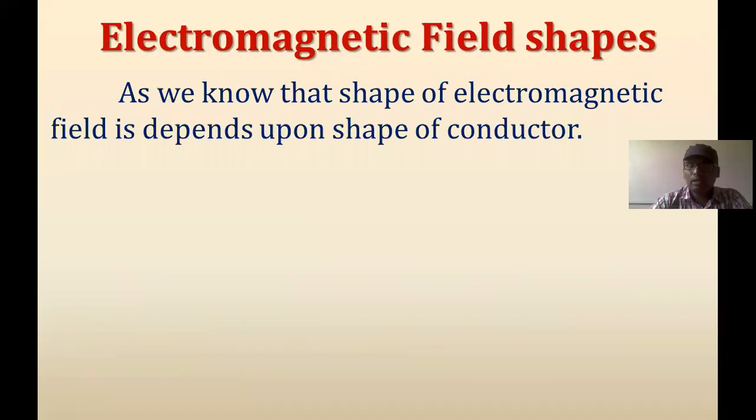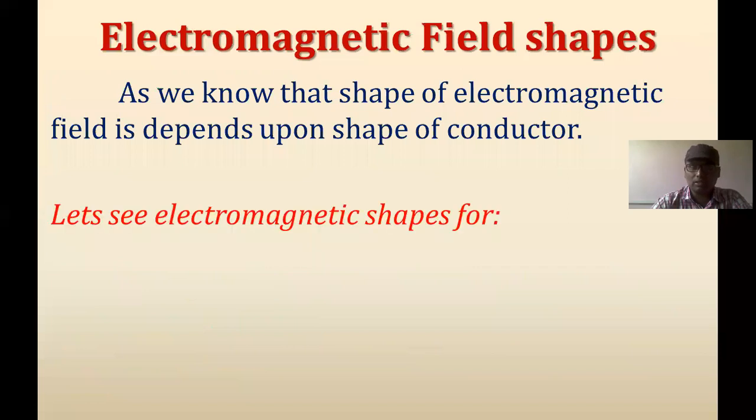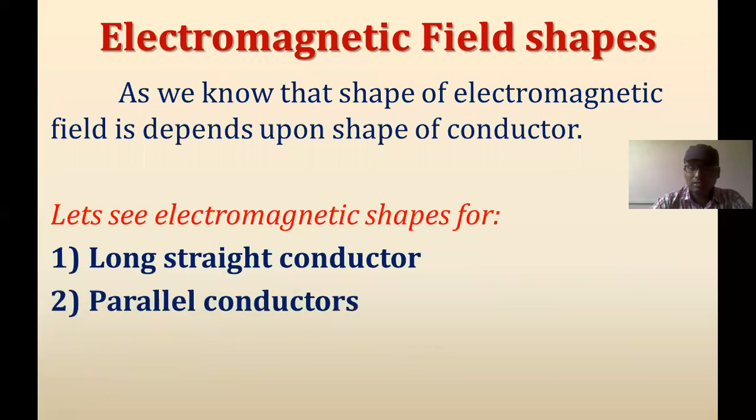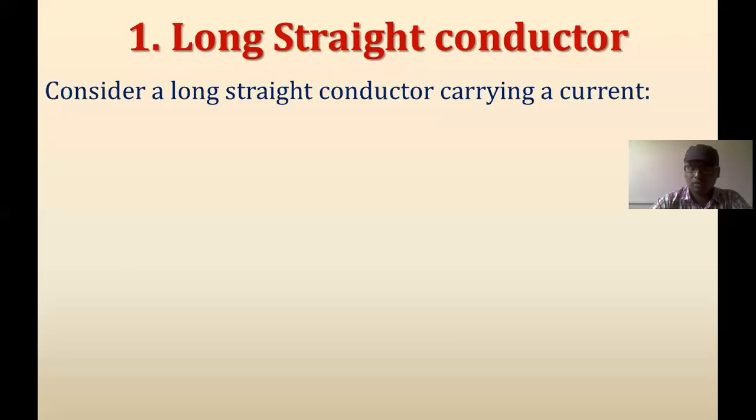As we know that the shape of the electromagnetic field depends upon the shape of the conductor, let us see the electromagnetic shapes for a long straight conductor, parallel conductors, and the solenoid coil. These three things we will consider, and based on that we will try to find out the resultant shape of the magnetic field. Now consider the long straight conductor.